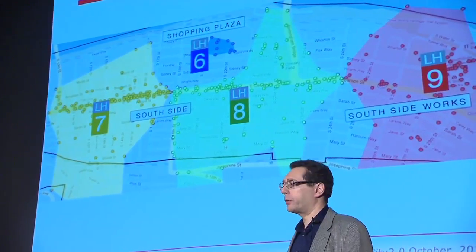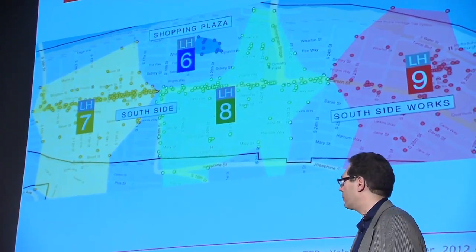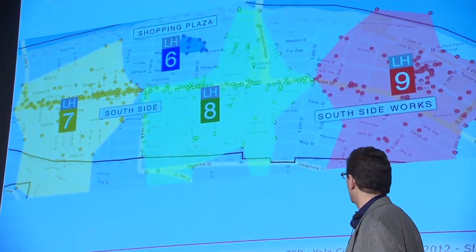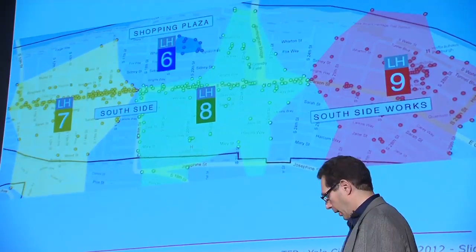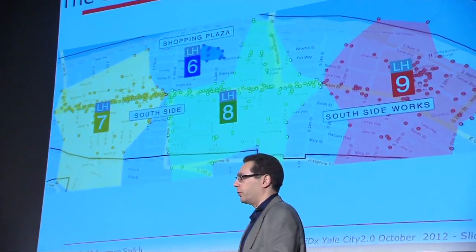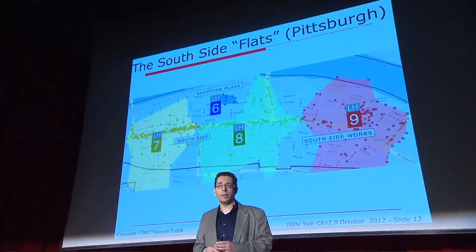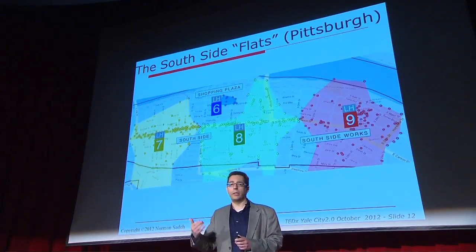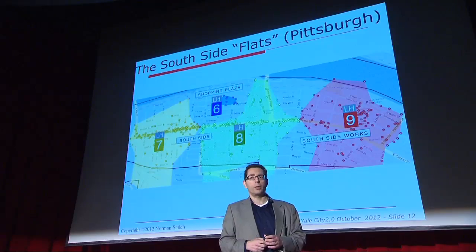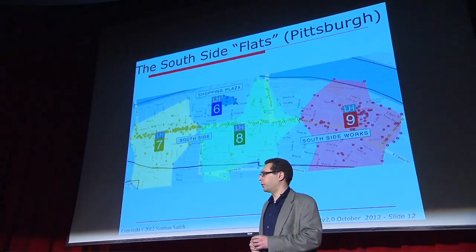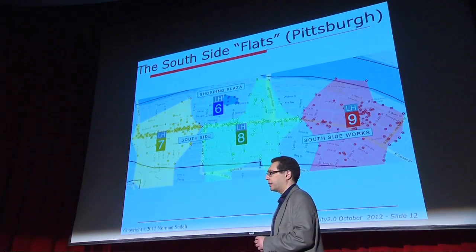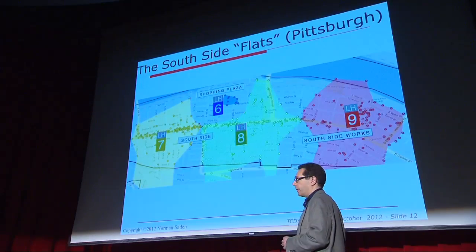But our algorithm actually finds 4 different Lifehoods in it: LH7, 8, 9, and also 6. And so one of the things we did is we went to talk to locals, people who are actually living in these different neighborhoods. We did this in a very systematic manner to try and understand what was going on. Were these just flukes, or were we actually seeing something that was not typically being reported?